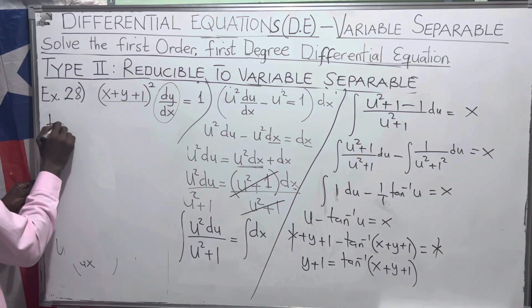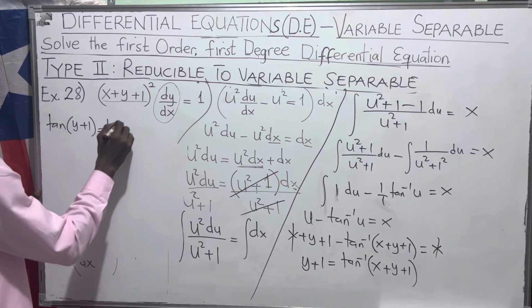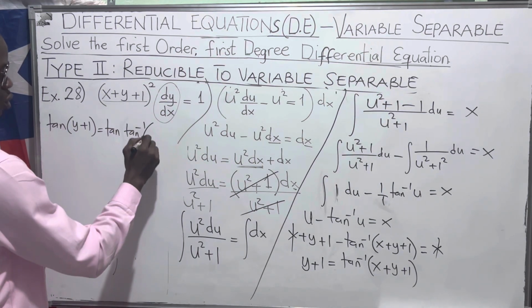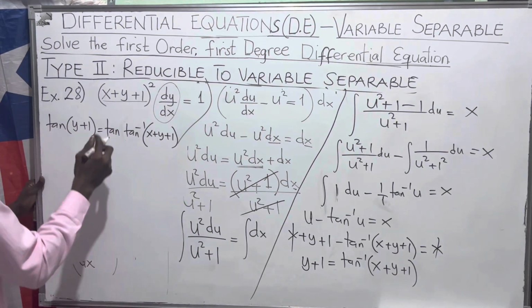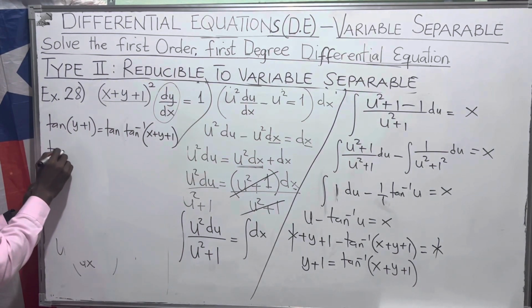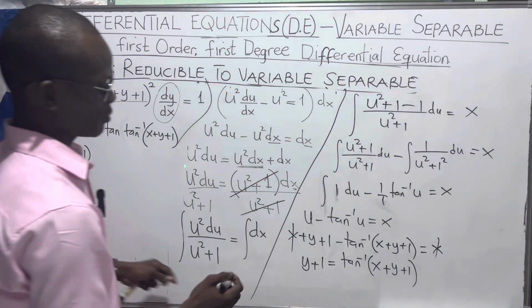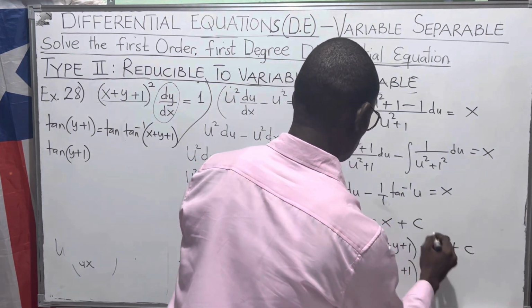So we say tangent of y plus 1 equals tangent of tangent inverse of x plus y plus 1, so this is just x plus y plus 1. And we add some arbitrary constant c, which we did not include, in fact.